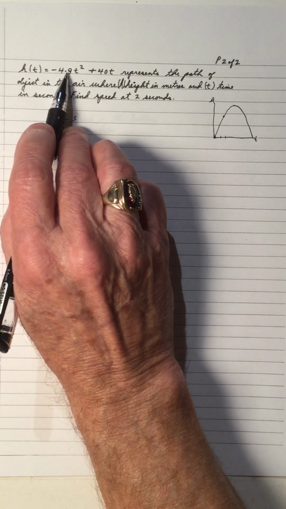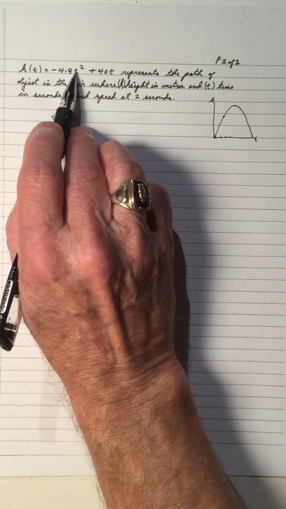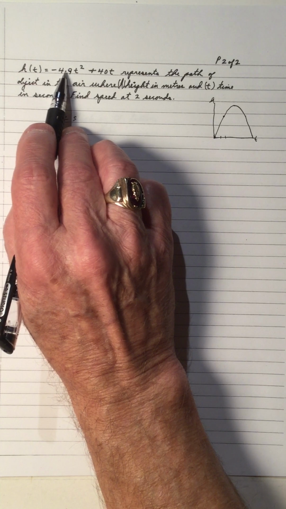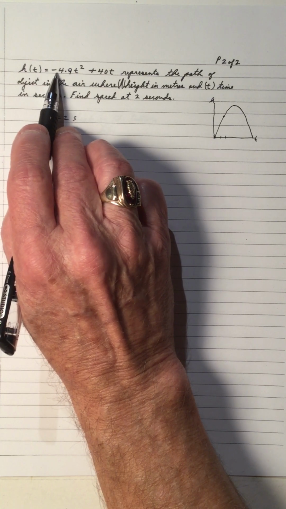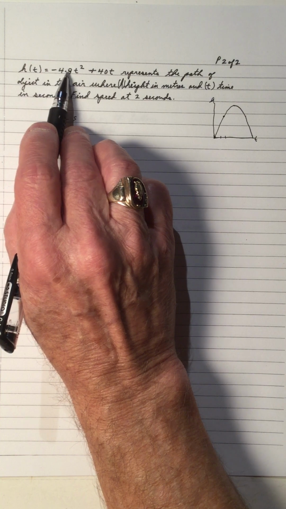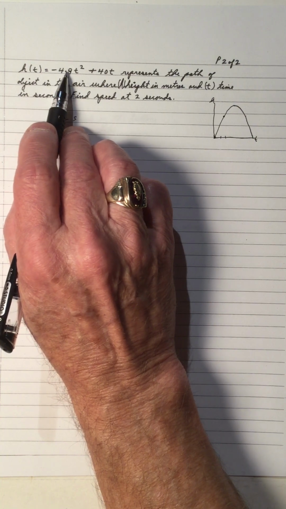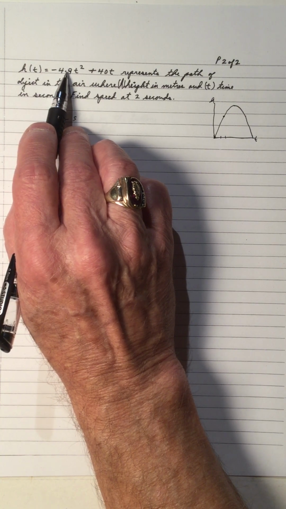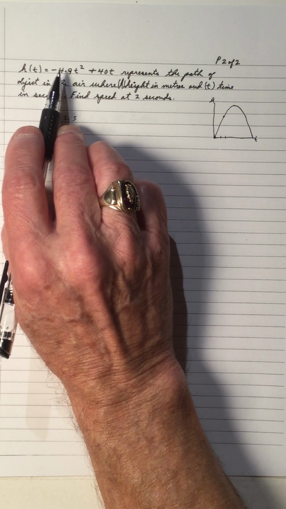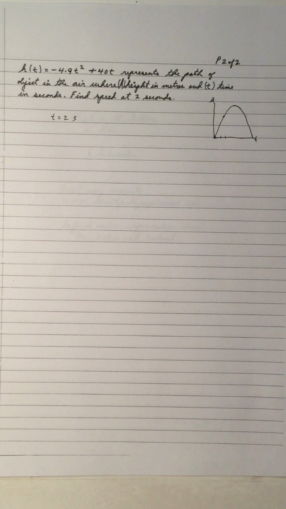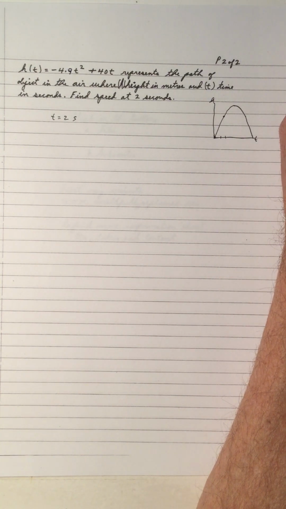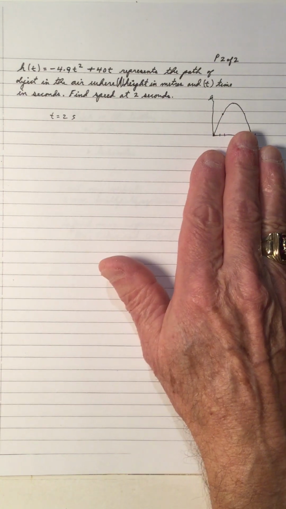What you might not know is that if you double this number here, negative 4.9 doubled, that's 9.8. Negative 9.8 meters per second squared is the force of gravity acting against the object, bringing it downward.